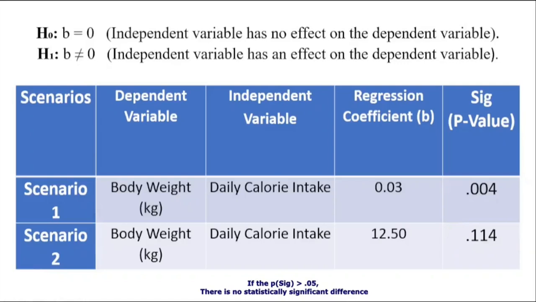Therefore, we fail to reject the null hypothesis and conclude that calorie intake does not significantly affect body weight. This is also a clear predictive relationship where diet management could influence weight control strategies. Although there may be a trend, unfortunately the data do not provide sufficiently strong evidence to confirm this with confidence. This means we should accept the null hypothesis.